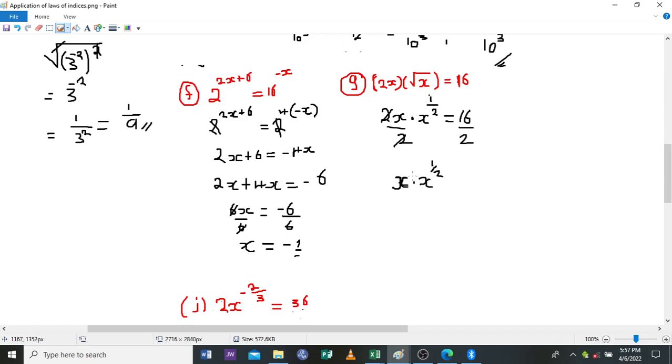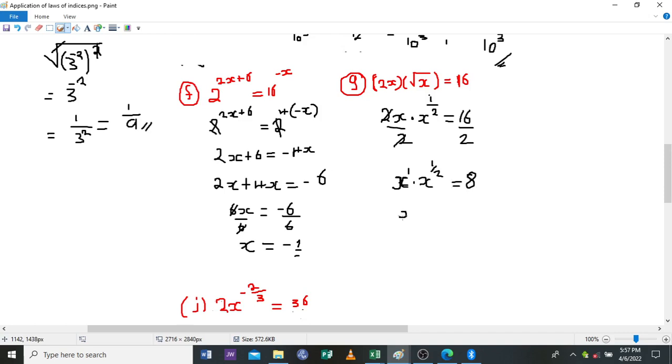Now remember, this x you have here is raised to the power 1, right? So we use the laws of multiplication where the bases are equal. In this case, our base is x, one raised to the power 1, the other raised to the power half. Now 16 divided by 2, we are going to get 8.